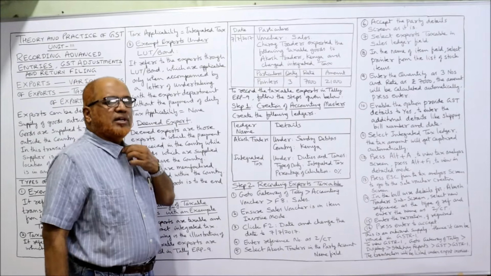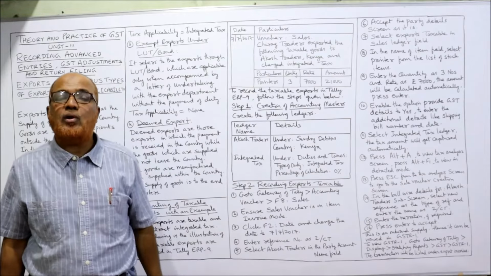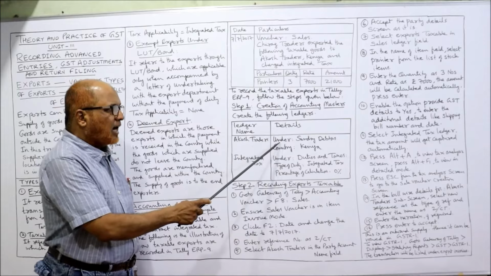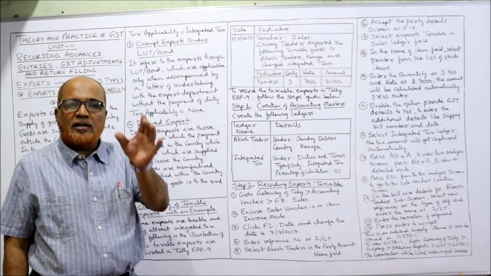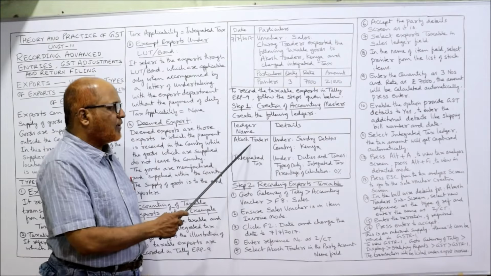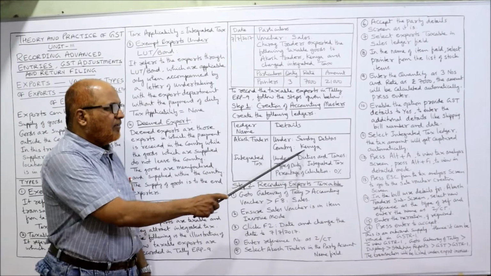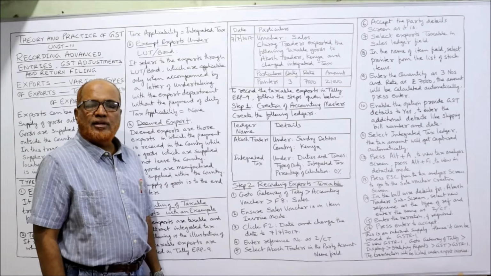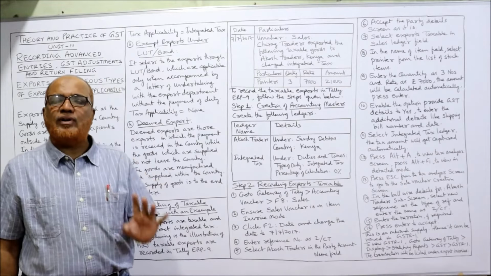Which account? Ledger account Akash Traders. This is the buyer or recipient. So under the group of sundry debtors, we are opening the ledger account of Akash Traders, and the country we will give as Kenya. Then integrated tax. This integrated tax account we have to open. Where?